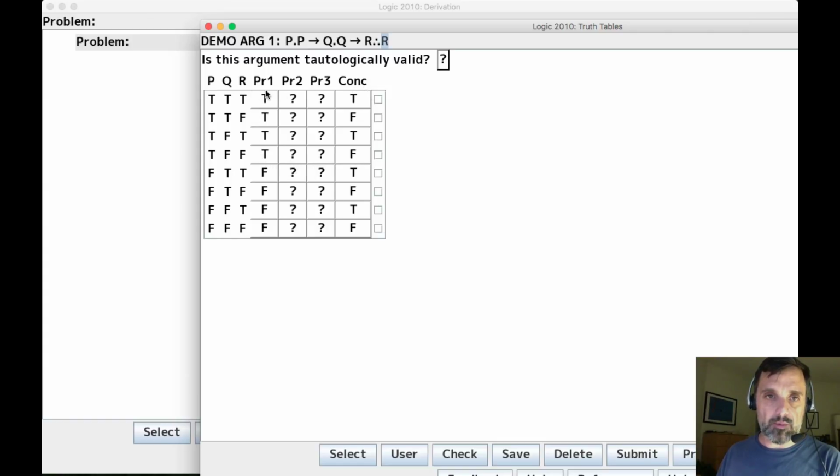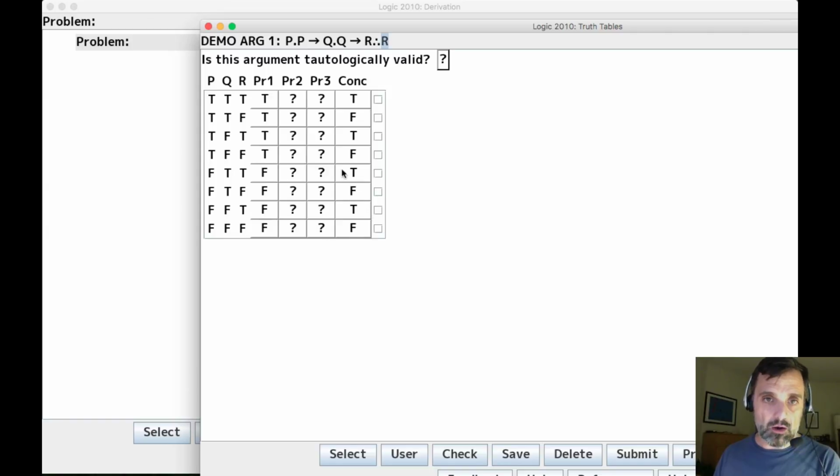Are any of them counterexample rows? Well, again, to be a counterexample row, the row has to have all true premises, but it also has to have a false conclusion. Here the conclusion is true, and here the conclusion is true. So this row is not a counterexample row, and this row is not a counterexample row. So we've already ruled out six of the rows.